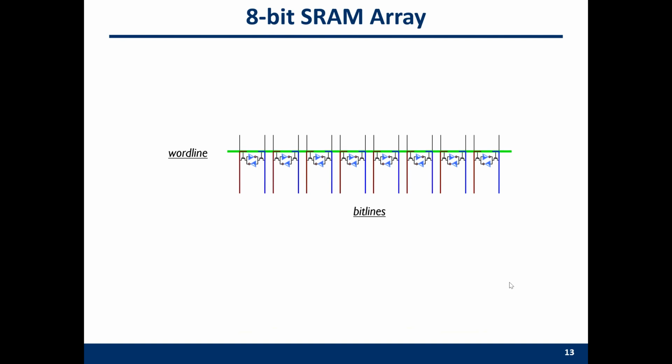And the vertical lines will actually help you read through them. The vertical lines are called bit lines because each vertical line will give you 1 bit.